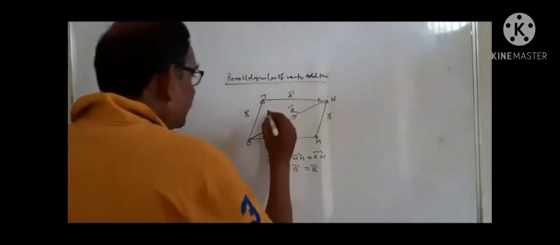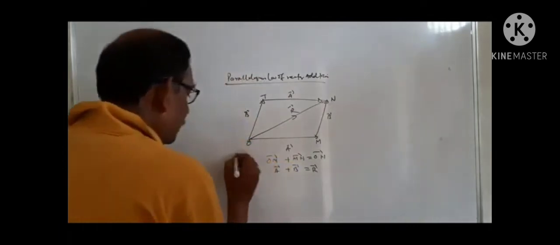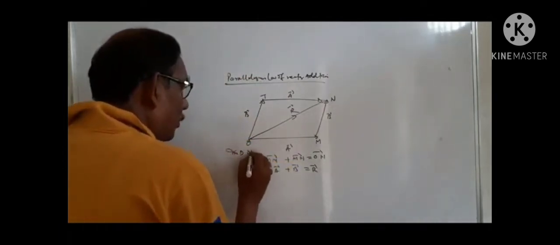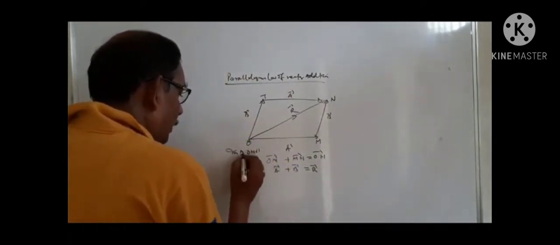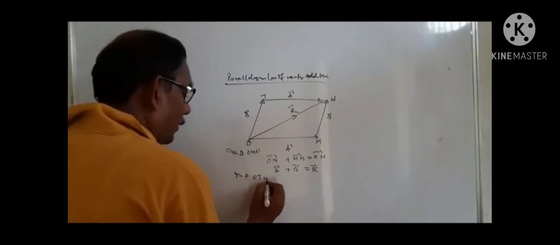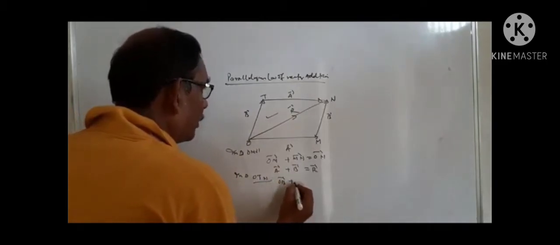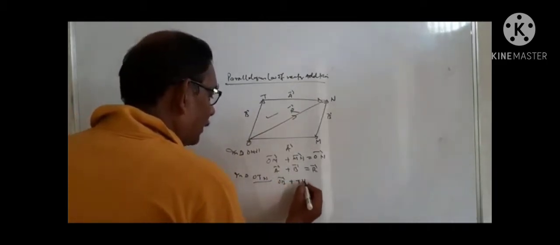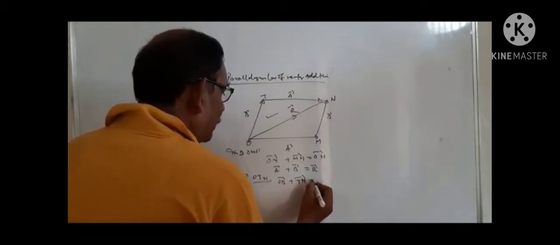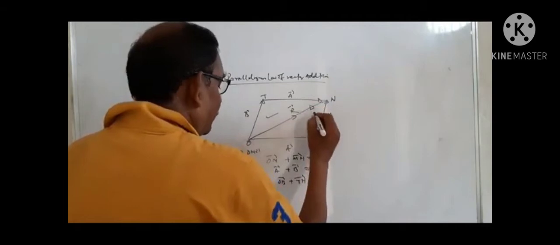Similarly, by taking this triangle, in triangle OMN, now in triangle OTN, OT plus TN, they are again in the same order, this is equal to ON because this is in opposite order.